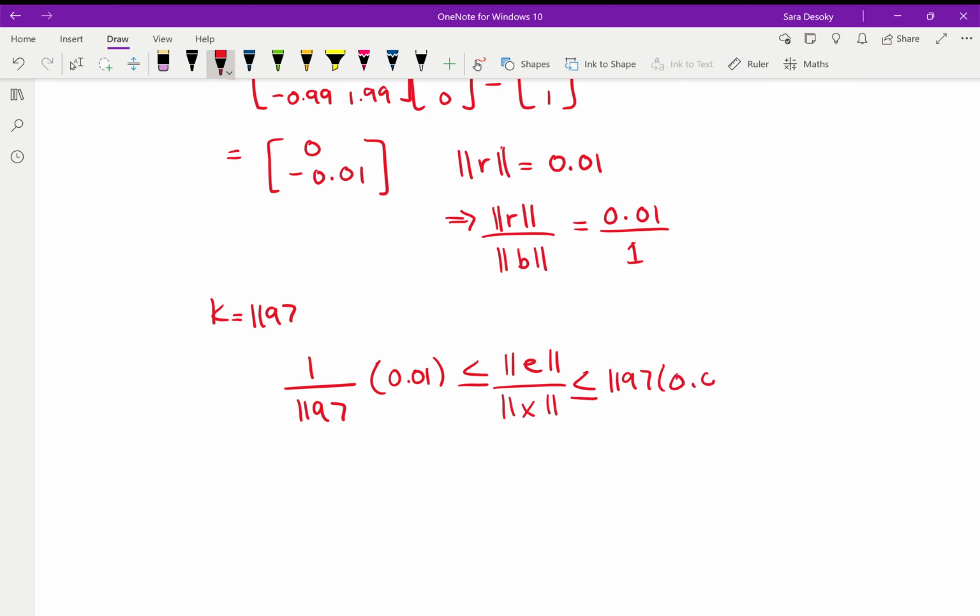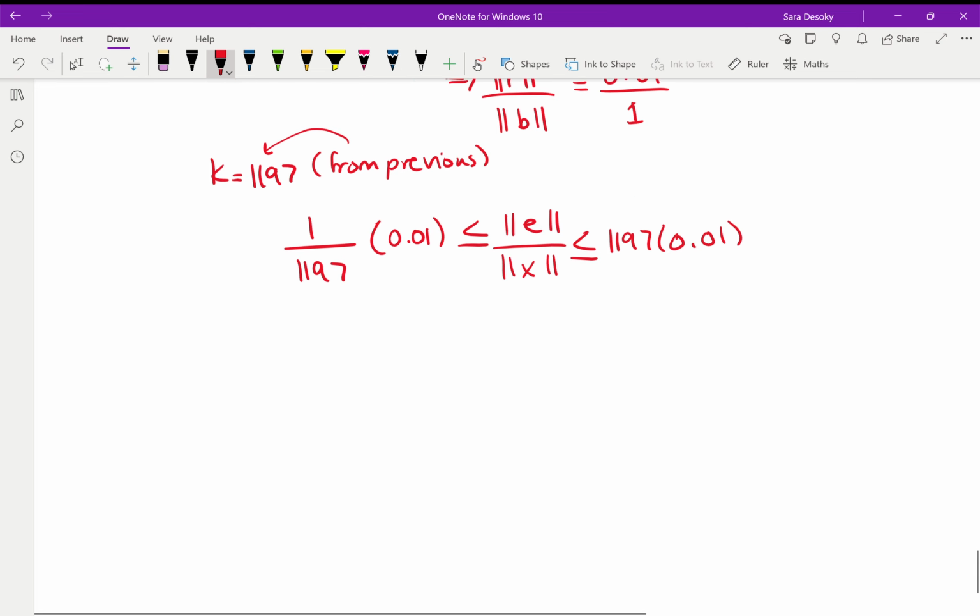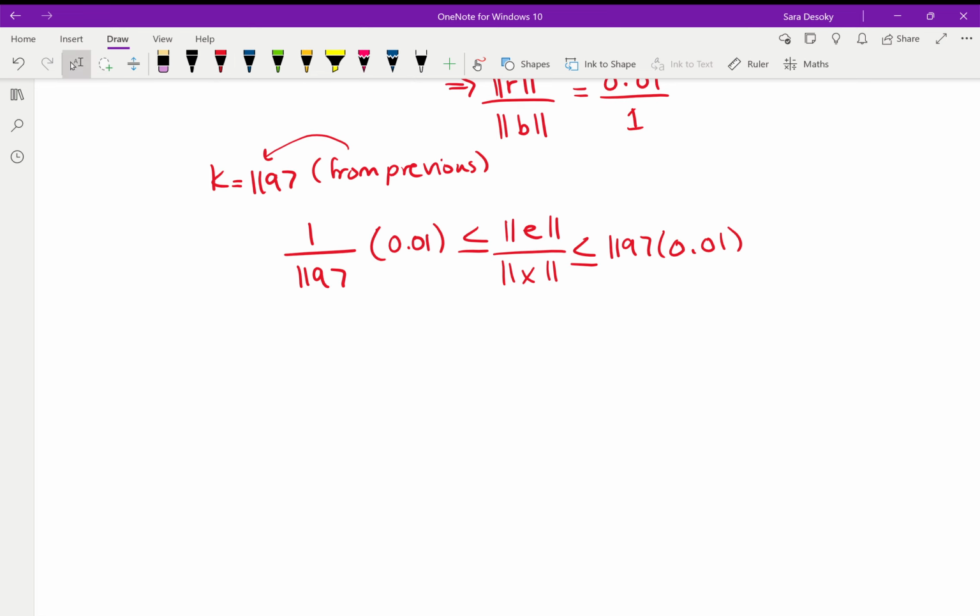Those numbers translate to, I've given it in orders of magnitude, 10 to the minus 3. So this guy is 10 to the minus 2.